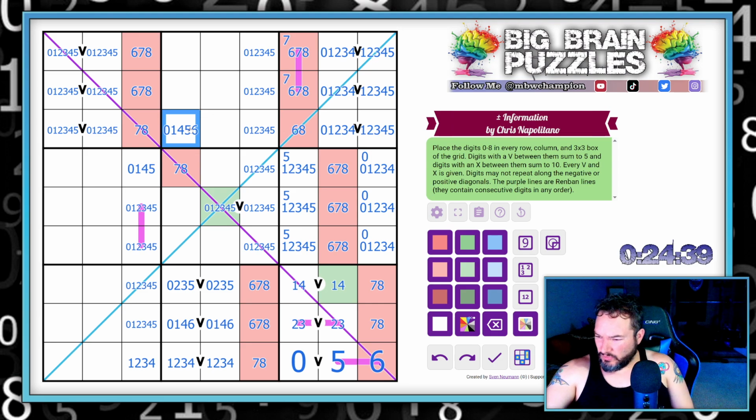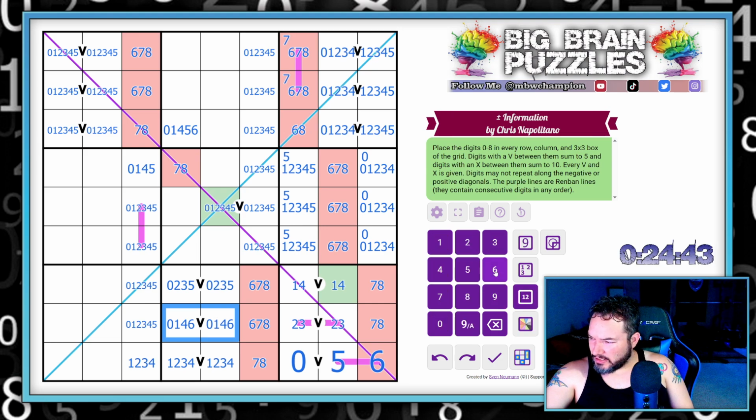So, wait, why do I have 6 down here? What in the world? That is not supposed to be a 6. It's supposed to be a 5, by the way. I knew it was a 5, but for some reason I put 6. Anyways, so 6 here. Oh, the 7.